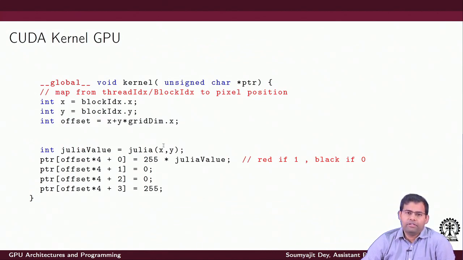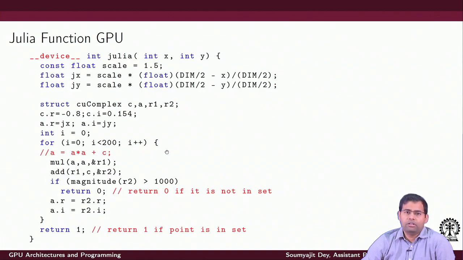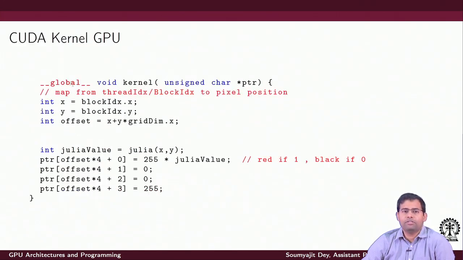So for that, this Julia function will now be called, and this Julia function is just like the original Julia function for the C code, just the GPU equivalent one, but it's a device function, which means that this is already a kernel. This kernel has been launched with dimension times dimension, that means a number of threads, where each thread is supposed to look up the membership of one element, right, one pixel.